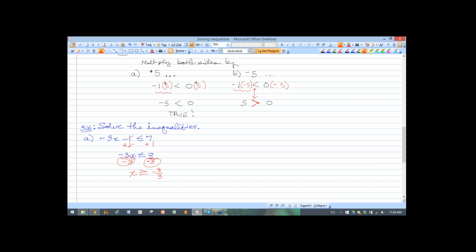So my solution is x is greater than or equal to negative 8/3. And I can't reduce 8/3 or negative 8/3 any more than that. That's done. So let's look at the different ways you could be asked to answer this.